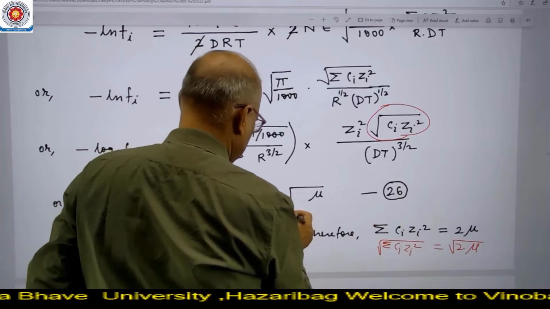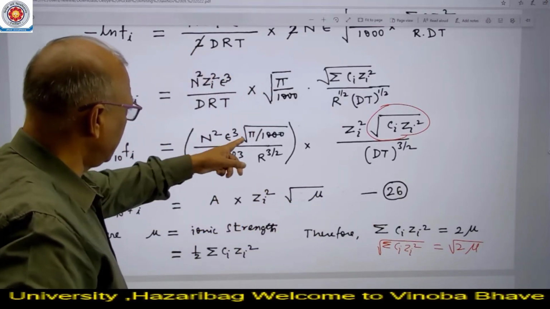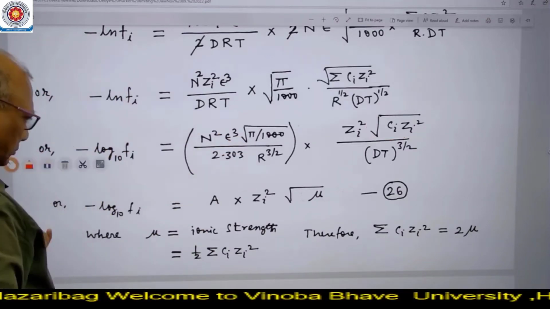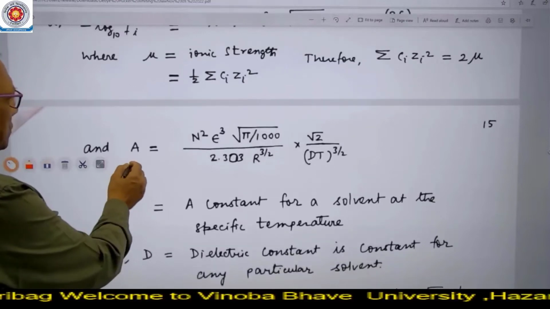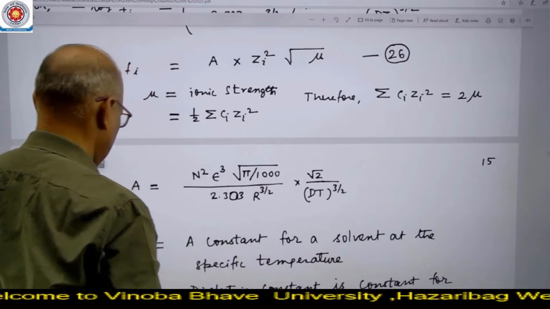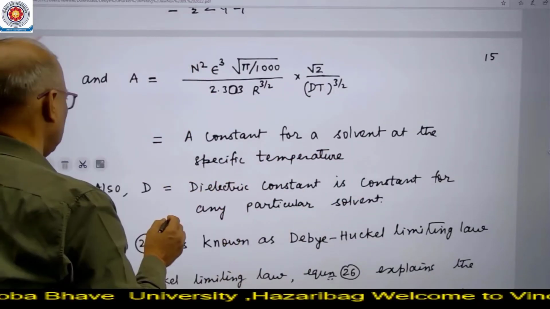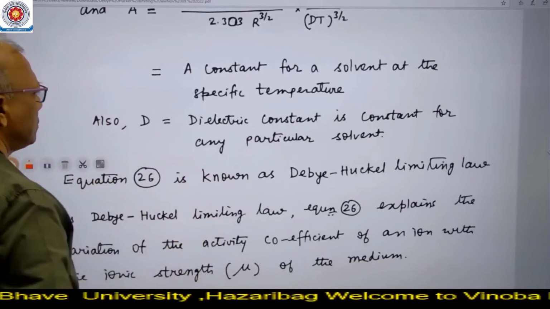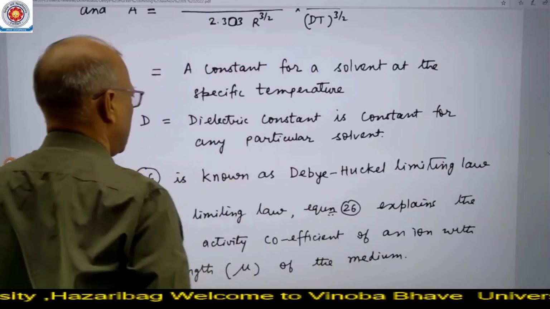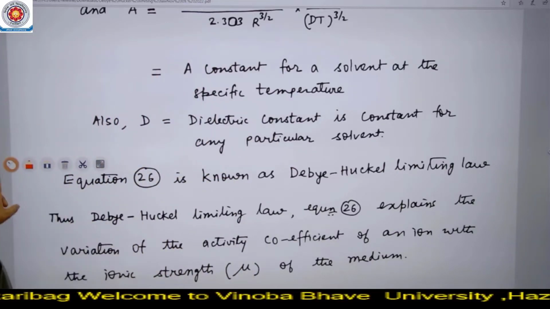Root 2 is separated from this root mu, and it is combined in this term, and the whole is equal to A. Now A is a constant, and the value of A is this one. A is a constant for a solvent at a specific temperature, and also D is the dielectric constant, which is constant for any particular solvent. The dielectric constant is constant for any particular solvent.